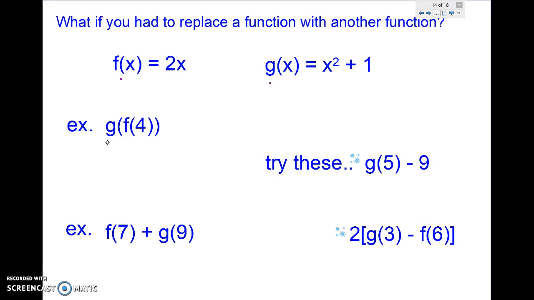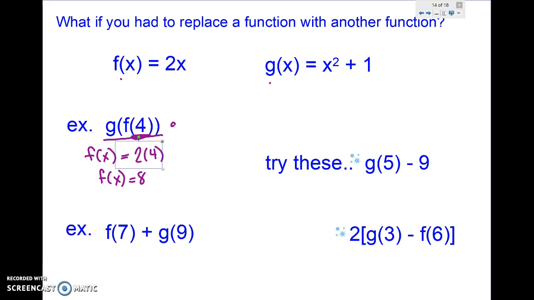Look at this example, it says g of f of 4. We're going to start from the middle and plug that in first. So f of 4 means I'm going to plug 4 into my f of x function, which gives me 8.